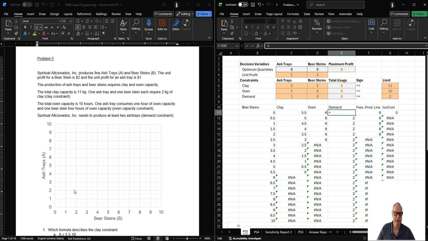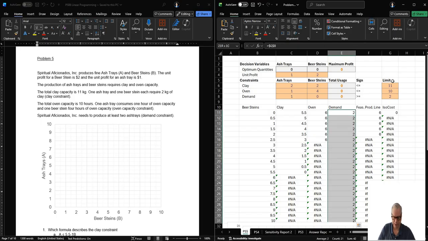Because now I need a vertical line here at 2, I'll just say this is always equal to the limit of the minimum demand. So I just say F4, and I just copy that down.